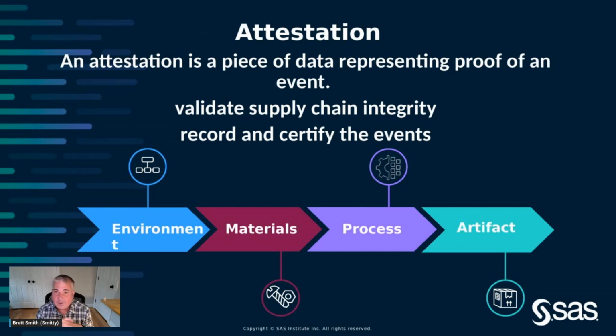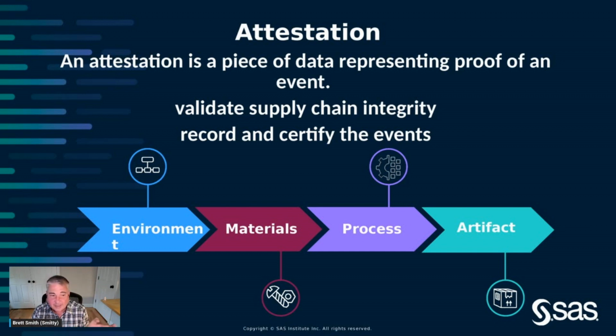Let me give you an example of what an attestation would look like. This is a real world example, not a YAML example. You're going to get lab work done with your doctor. And then you've got the environment, which is what lab the test is taking place in and on what date.